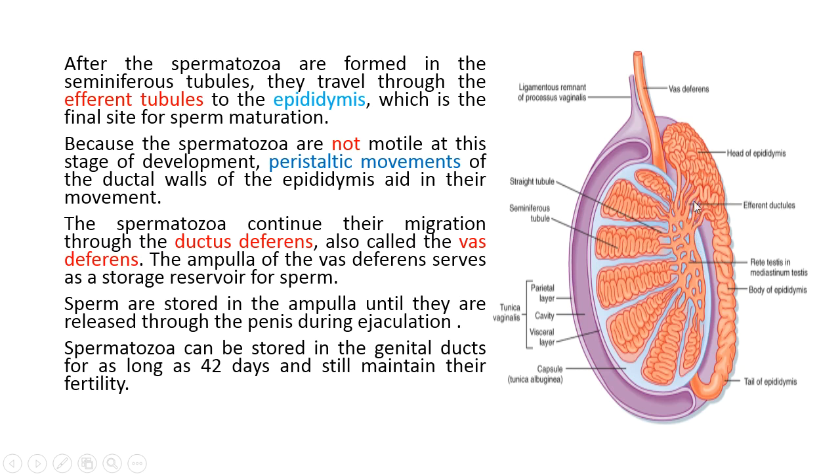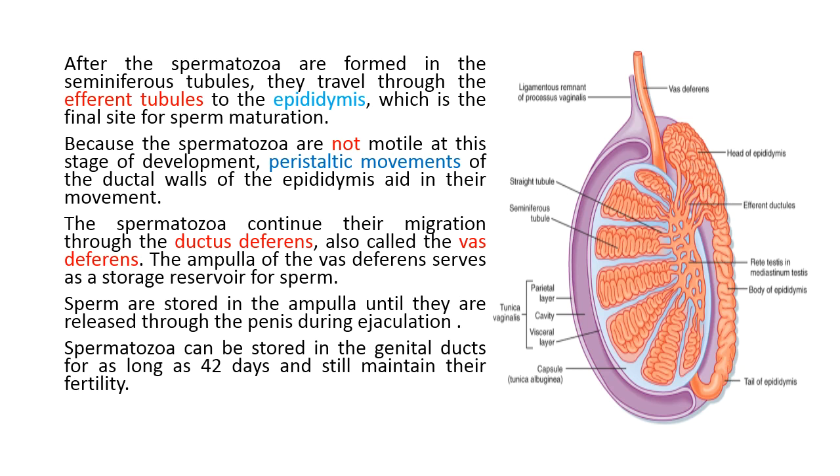These are the efferent tubules, and this is the shape of the epididymis. This is the head and the tail of the epididymis. And what is the importance of the epididymis?